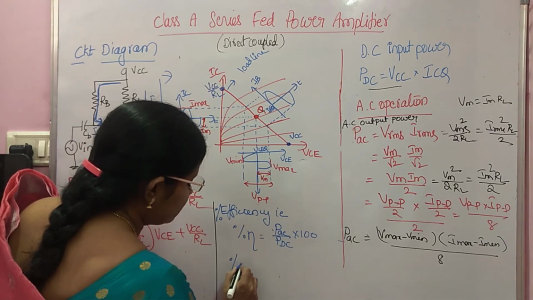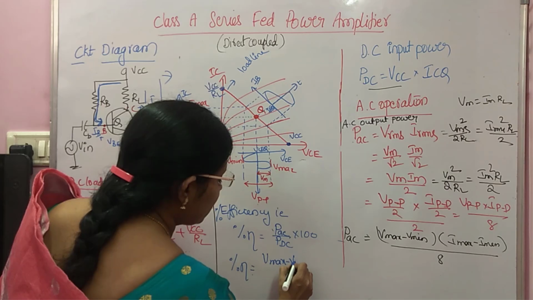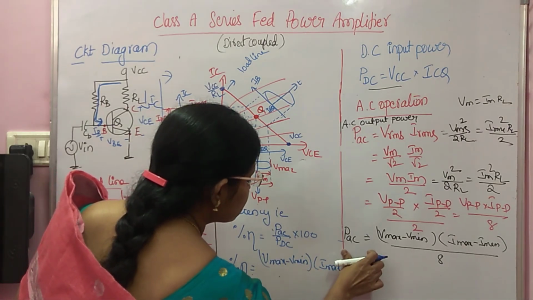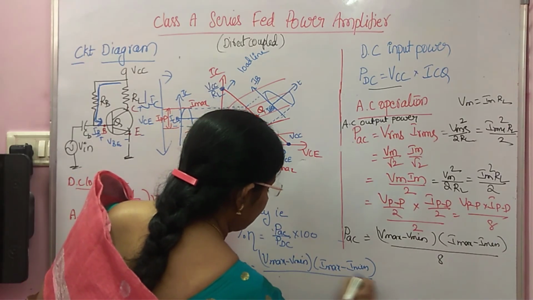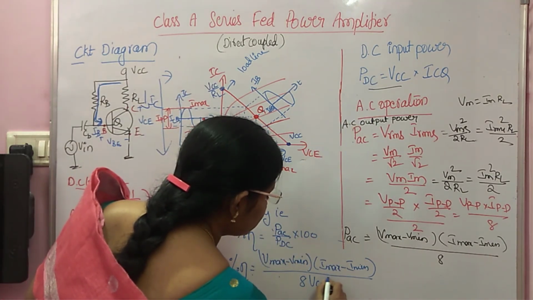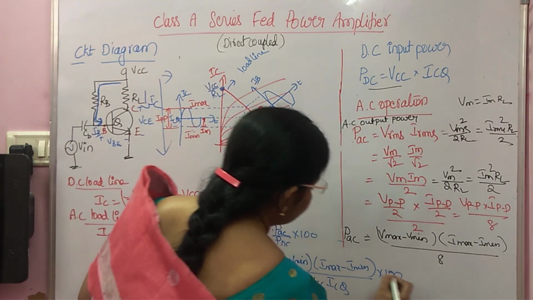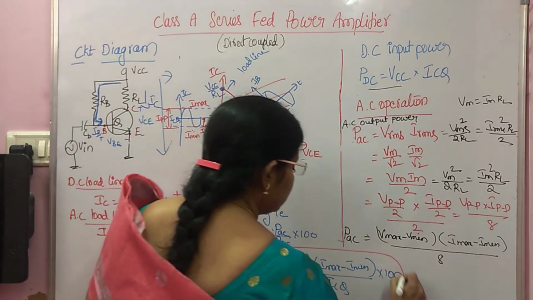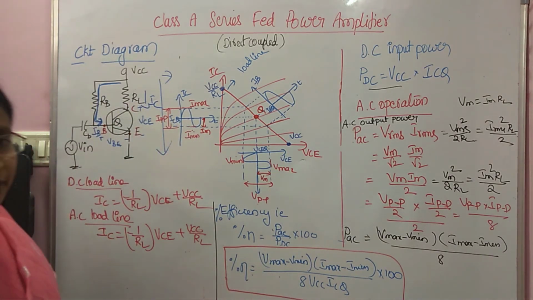Substituting PAC as Vmax minus Vmin into Imax minus Imin divided by 8, and PDC as VCC into ICQ, into 100. This is the general expression for percentage efficiency of the Class A series fed power amplifier.